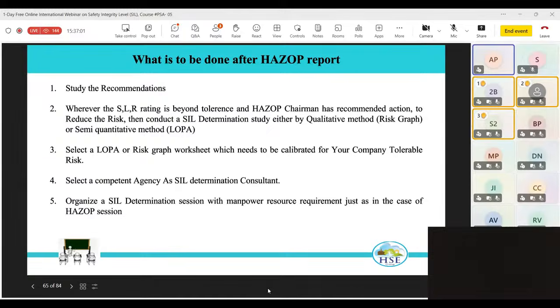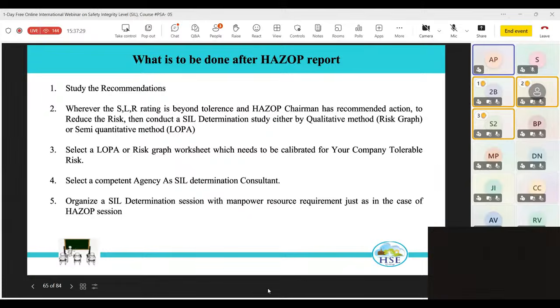Suppose there are two or three safeguards here, say the safety wall, and the second one is the LSHS. So you will have to find out what would be the failure rate of these things. If your particular logbooks or your past track record tell you that, then you can use that record for deciding the frequency or the failure rates.